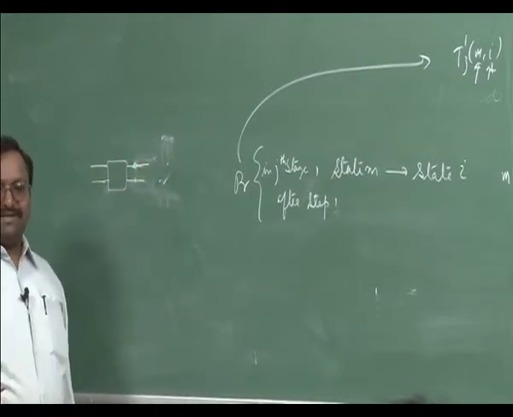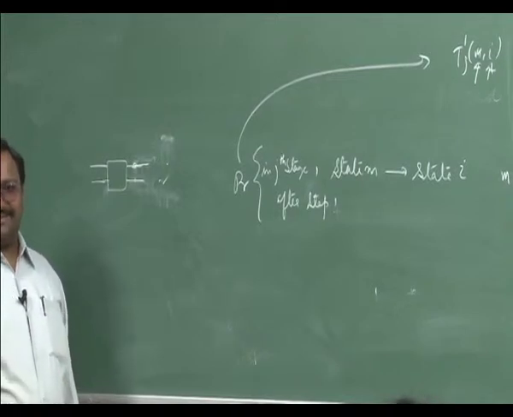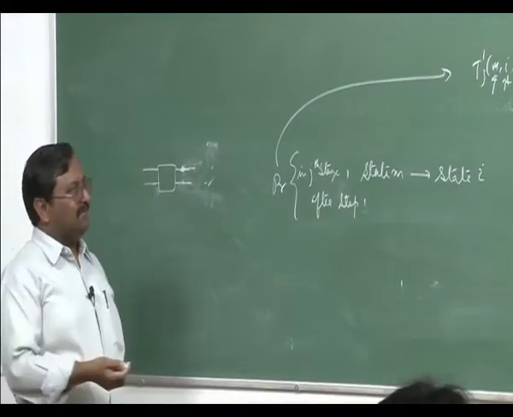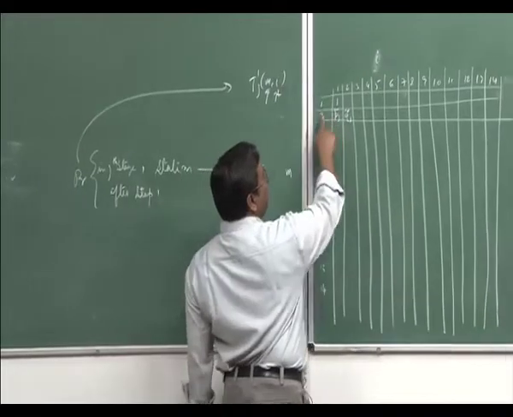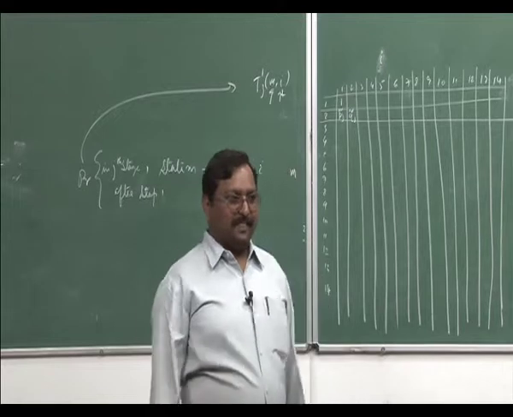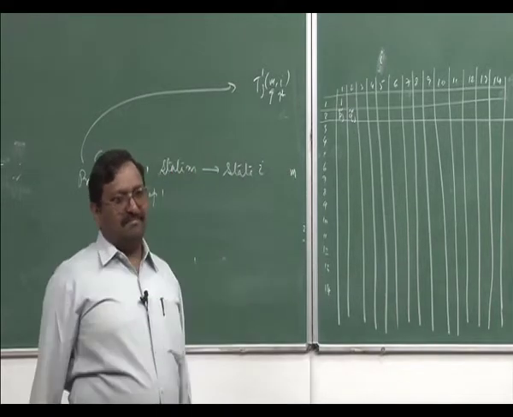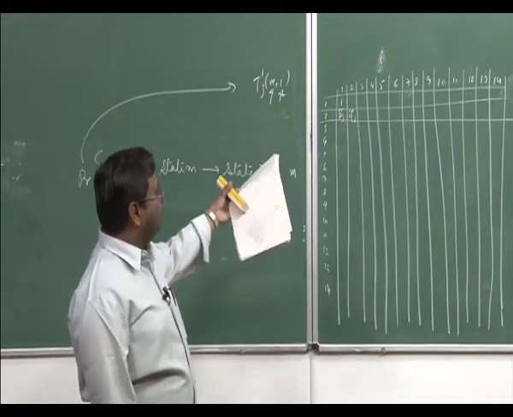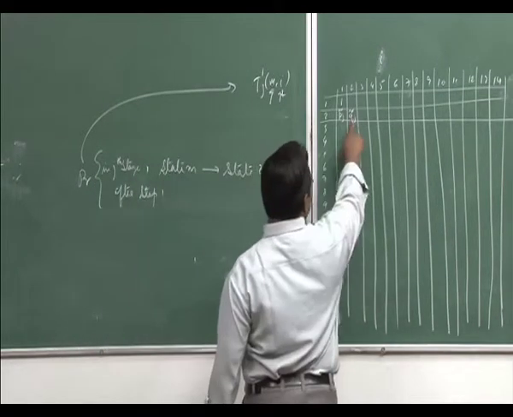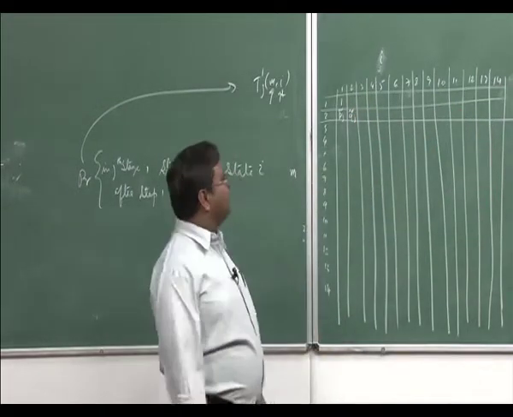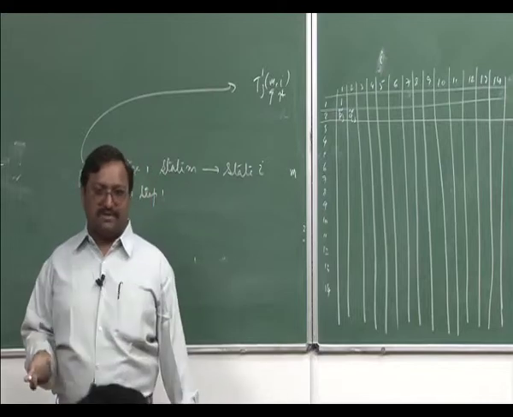If this packet goes out, what is the probability of it going out? Pj tilde. If it goes out, in which state will you be? State 1. So I have written here Pj tilde: from 2 to 1, this is the probability that you will be transitioning. And 1 minus that, the packet will not go out and you will remain in the same state. That is what I have mentioned here. Remember, all the rest of these blanks will be 0. You cannot transition from state 2 to state 4, for example; that is not possible.